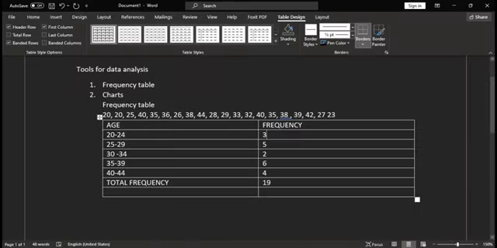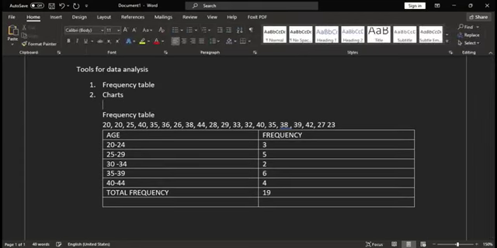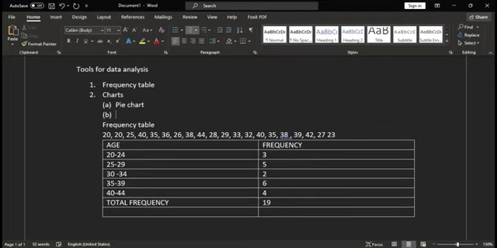The charts: we have A, pie chart. And B, bar charts.